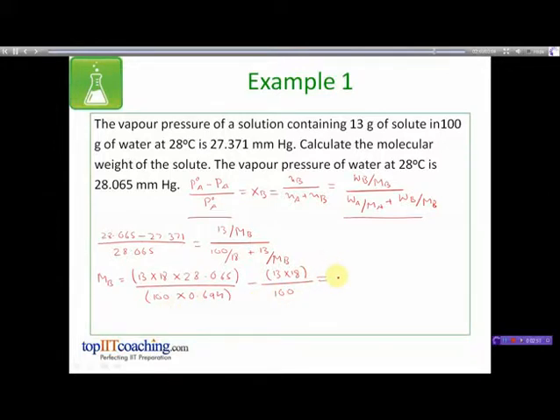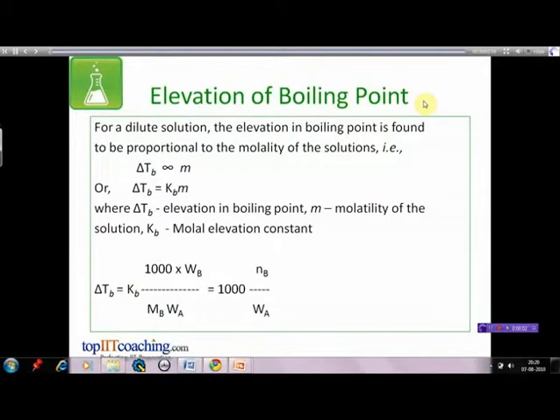On solving this and this quantity, we get 94.6 minus 2.34, which is equal to 92.3 grams. This is our final answer.